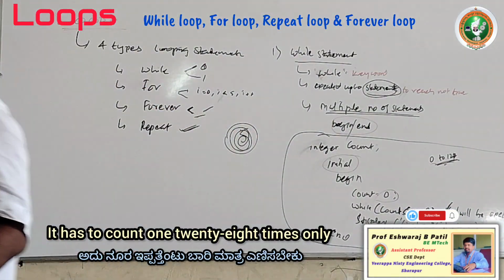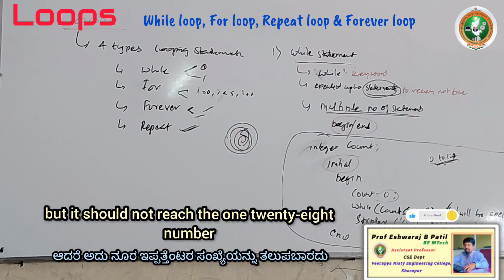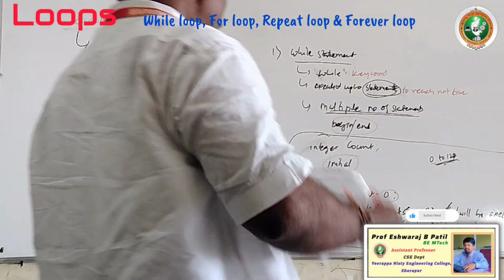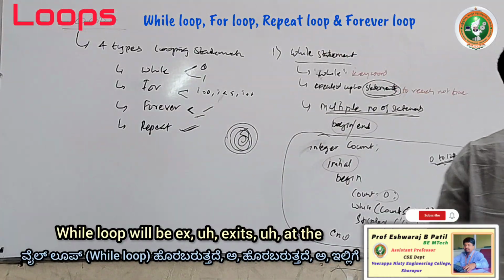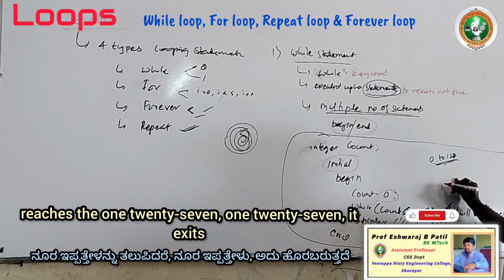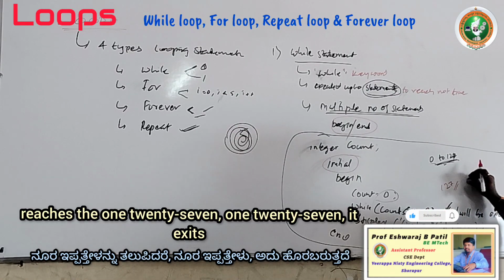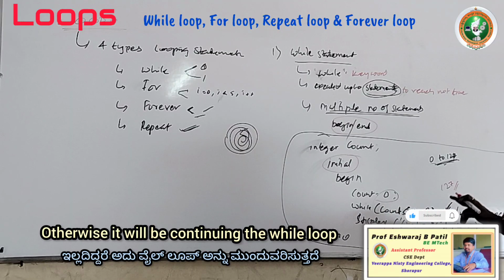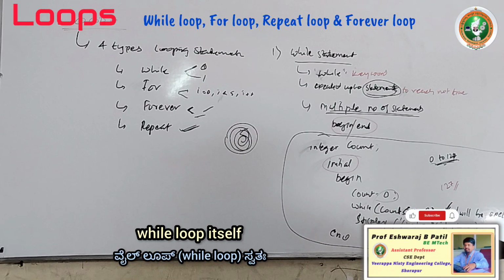It has to count 128 times only, but it should not reach the 128 number. The while loop exits if it reaches 127. Otherwise, it will continue the while loop itself.